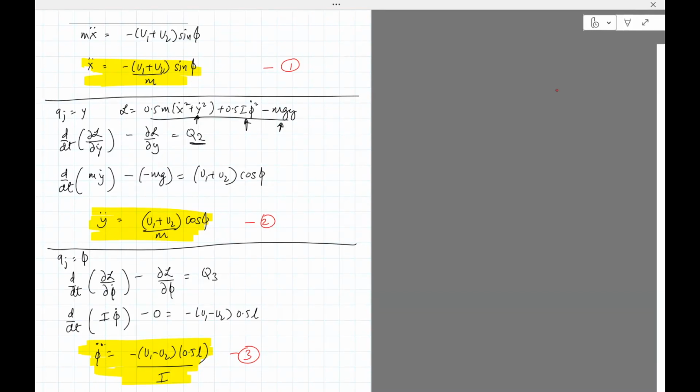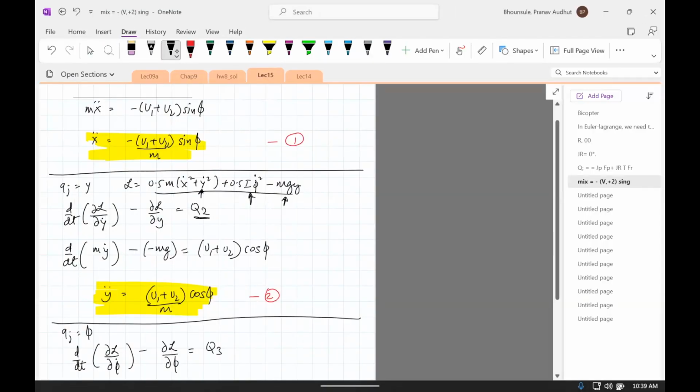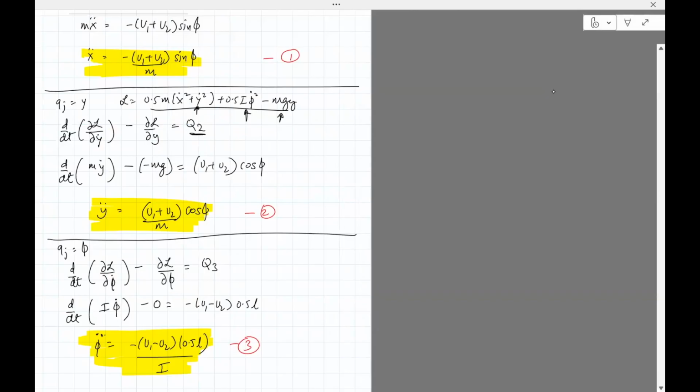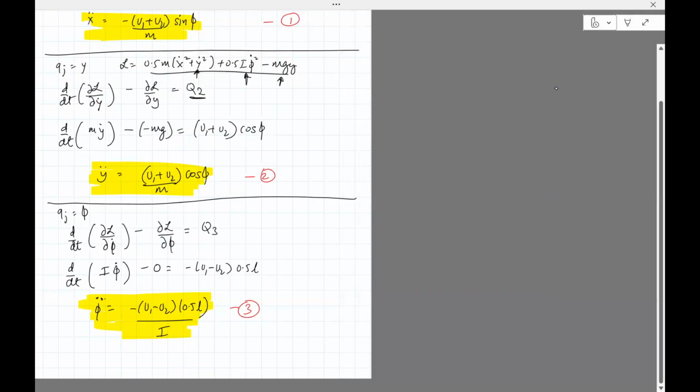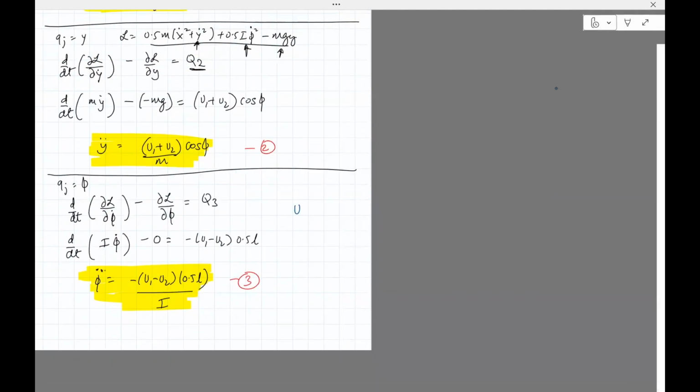So what is normally done is, similar to something we've done for the differential drive car, we'll assume that u1 plus u2 is u_S, the sum, and u2 minus u1 is u_D, the difference.